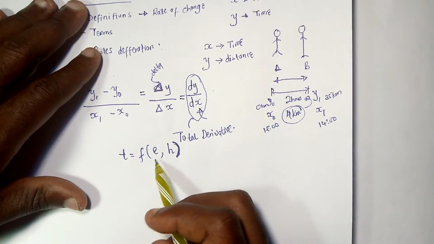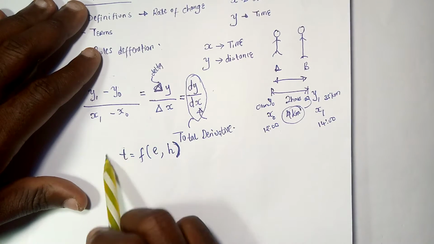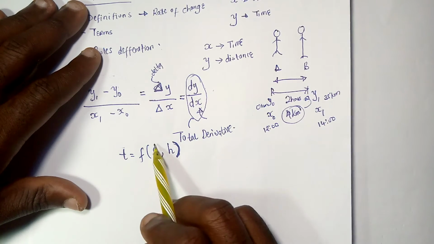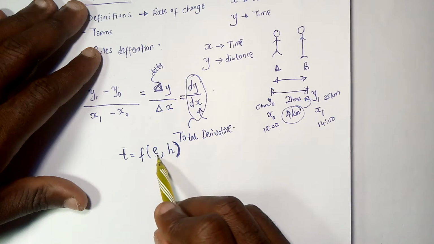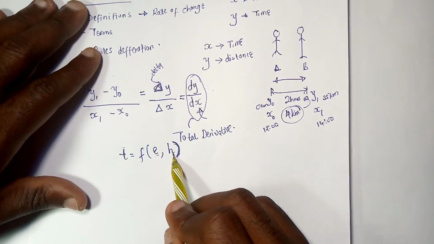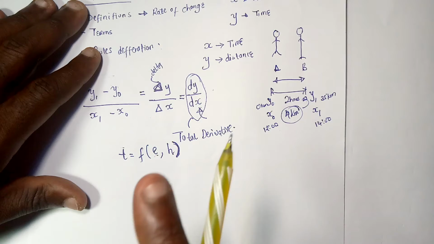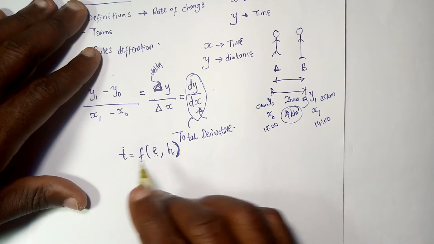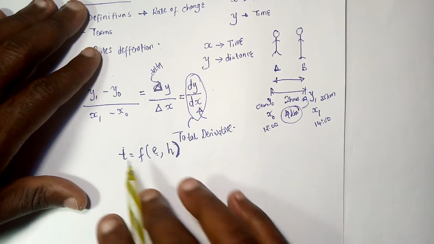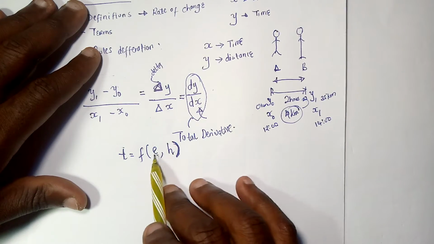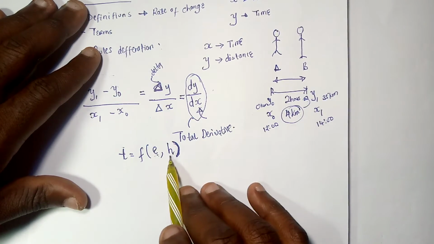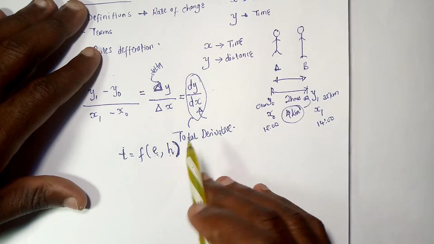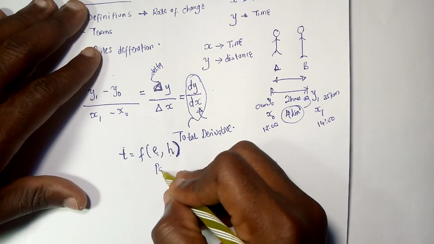Now, sometimes you have a function T that is a function of two variables, which is environment and humidity, but you want to specifically check how the temperature is changing with respect to the environment while holding humidity constant, you use what is known as a partial derivative.